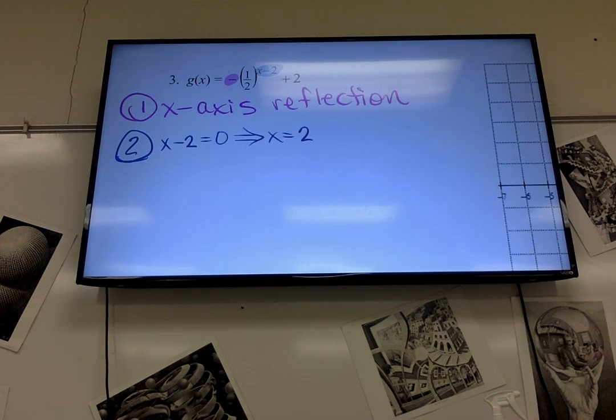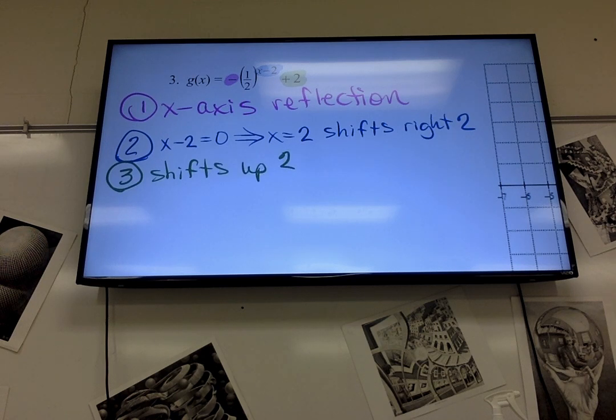It's a positive 2, so that's why it shifts right 2. And then Hazella, what does the plus 2 do? It shifts up 2. There you go. Question?